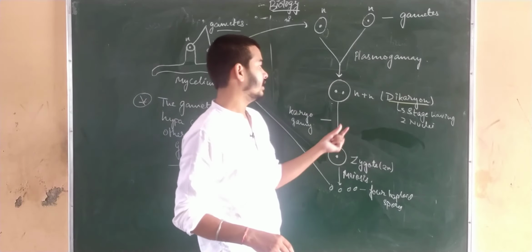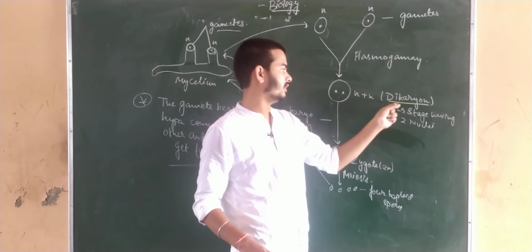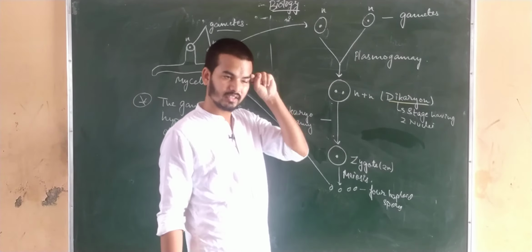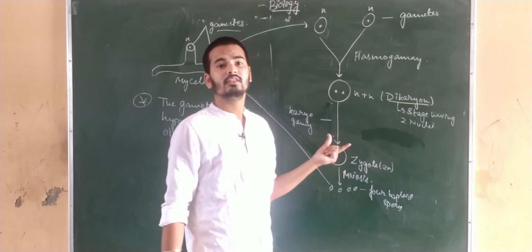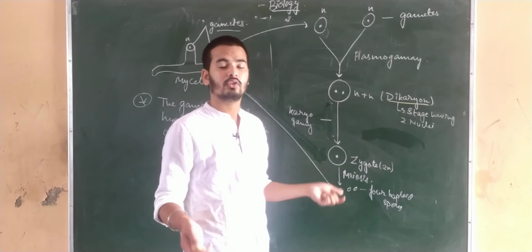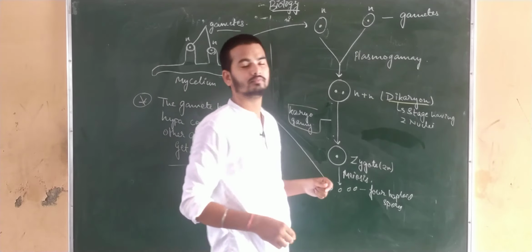When the 2 nuclei are present in a cell, which we call the dikaryon stage, the karyogamy does not occur very immediately just after the formation of dikaryon.